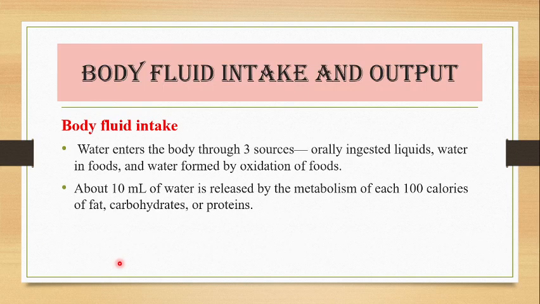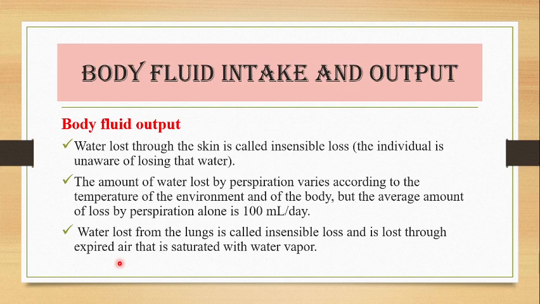Body fluid intake and output. We get water into our body from three sources. First is orally, liquids and water-containing foods, then water formed by oxidation of foods. 100 calories of fat, carbohydrates or protein gives 10 ml of water. The output is mainly by insensible water loss, perspiration and urinary output.